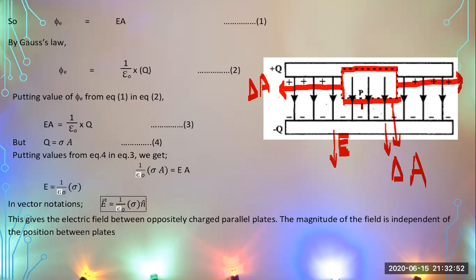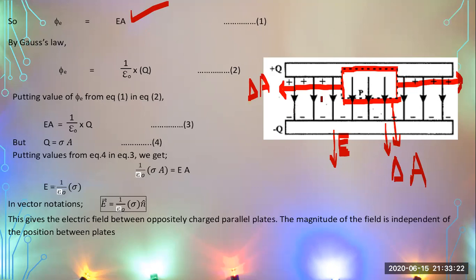This shows that there is no electric flux along this side, which is the inner side inside the conductor, as I have already discussed. There is no electric flux in the case of these sides because the area is perpendicular to the electric lines of forces. But in this case, this area is basically parallel to the electric lines of forces, so there will be electric flux here.